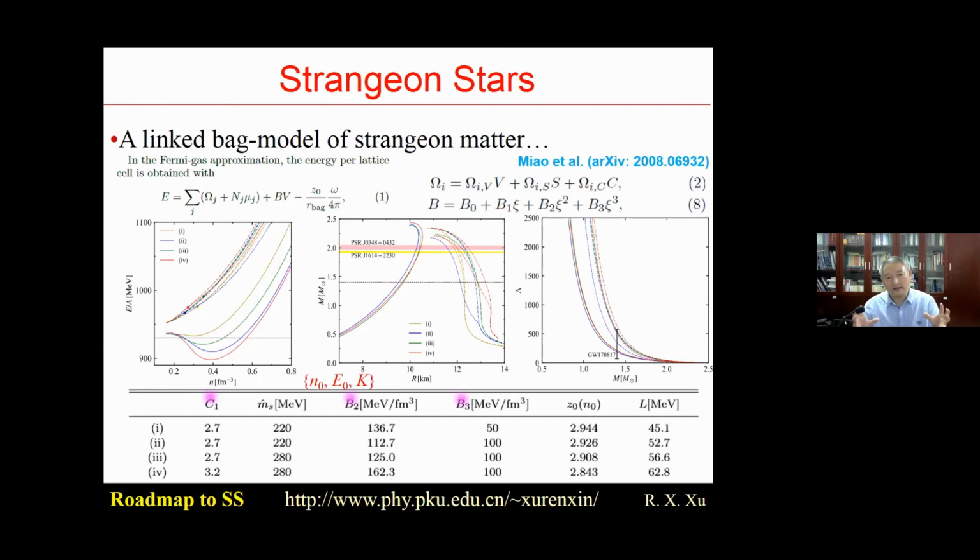For quark matter, the bag radius is the strange star radius. I mean, this is for the conventional MIT bag model of a quark star. Usually we treat B as a constant.